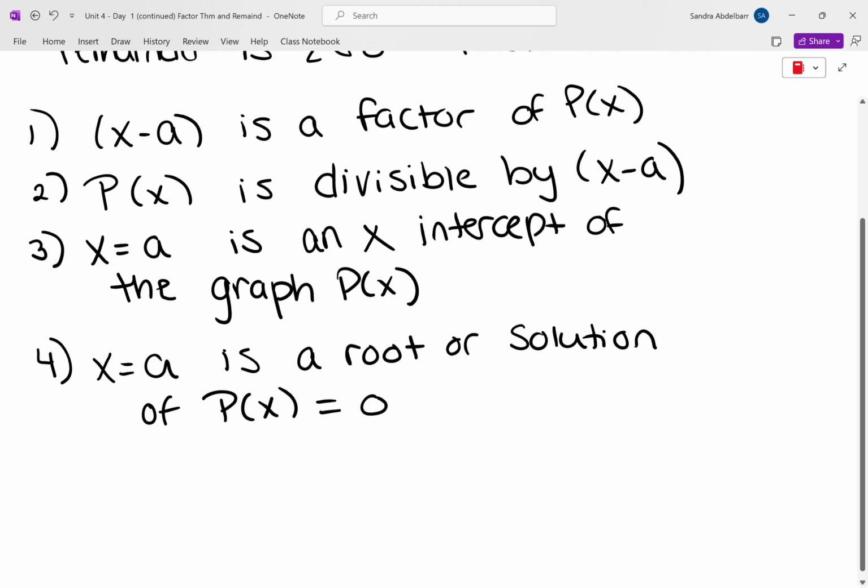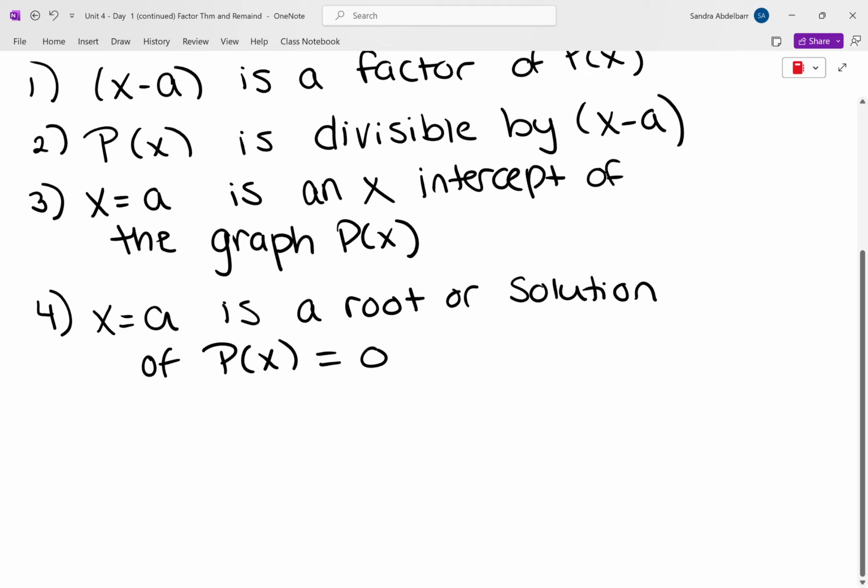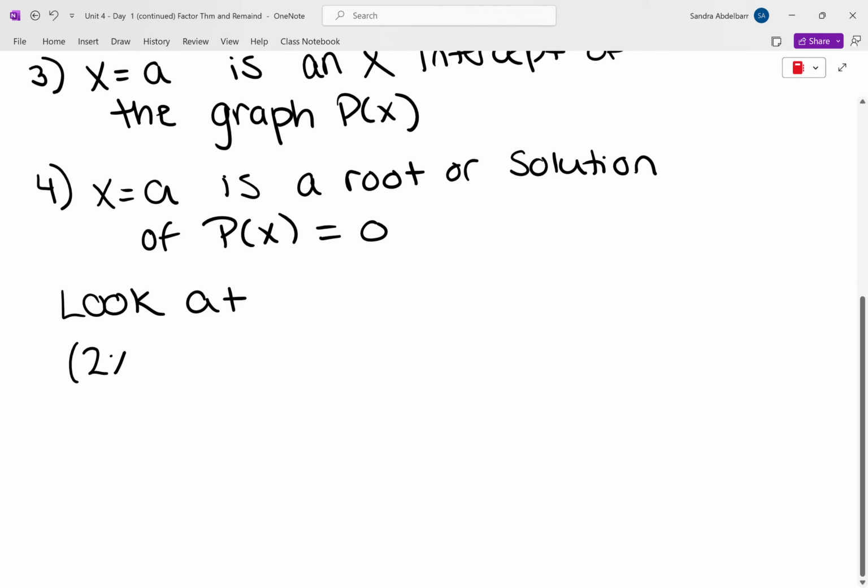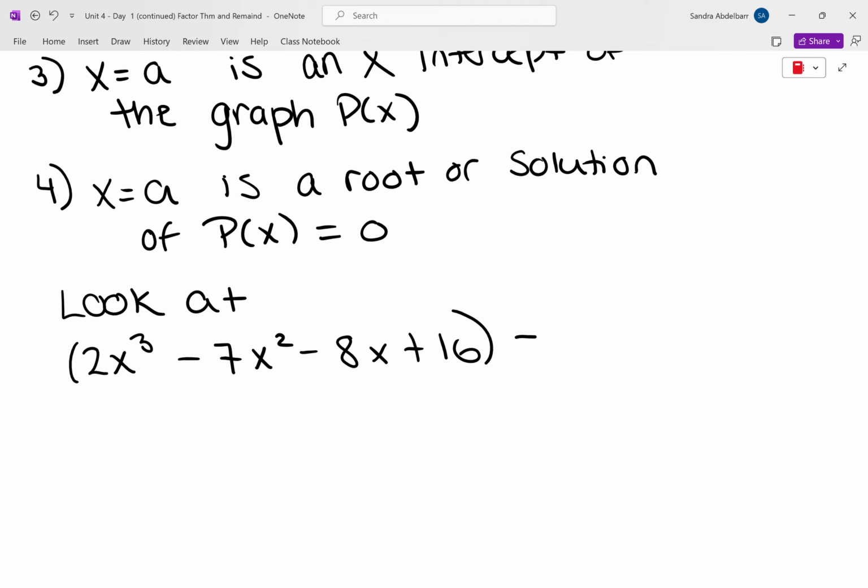Okay, let's go back and look at the last independent problem we did. It was 2x to the third minus 7x squared minus 8x plus 16, divided by x minus 4.